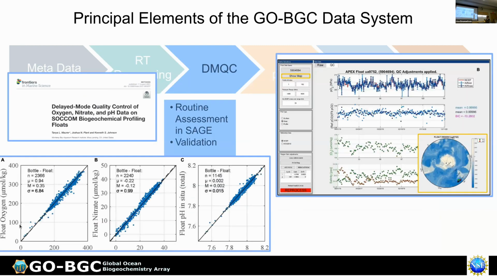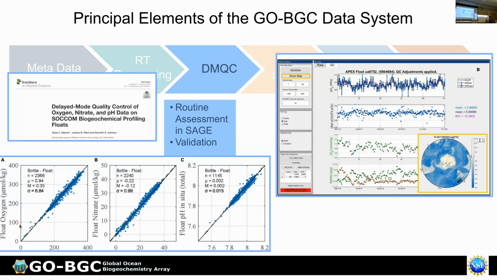The next step of the overall data system is this delayed mode quality control, DMQC. This is an acronym you hear a lot in Argo. This is the paper that Yui mentioned, led by Tanya, that lists all the details you could ever want to know about how the data are adjusted. This is a plot from that paper showing float oxygen, and this is our bottle value.